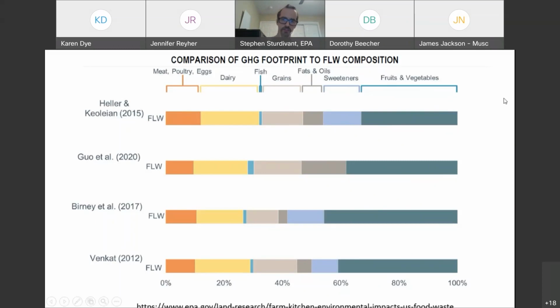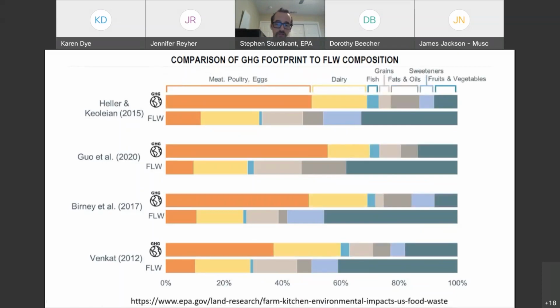You may take a look at this chart and see, oh, it looks like there's several papers that agree that fruits and vegetables are wasted the most. So maybe we should focus on fruits and vegetables. However, what I'm going to do next is overlay the greenhouse gas emissions impact of these different food categories. And as you can see, it tells a totally different story. So if your goal is to reduce emissions, this is what it looks like per food category.